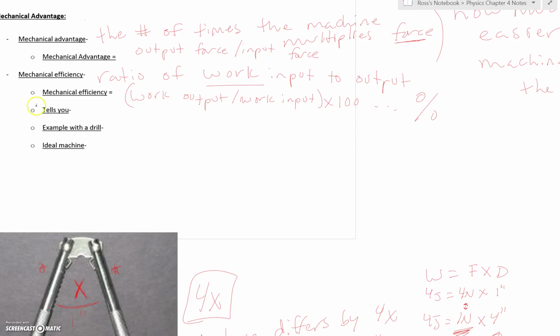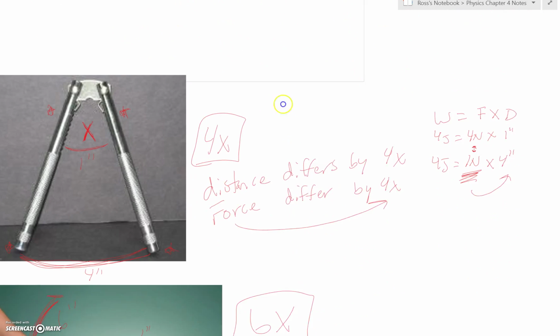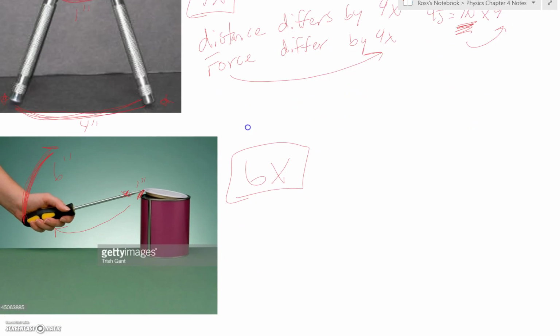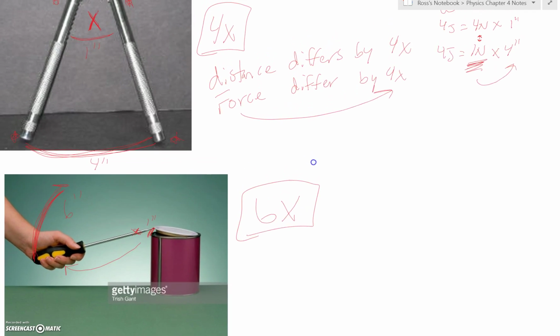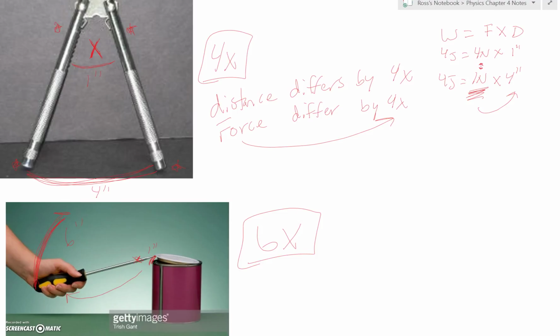So this really tells us the amount, and really the percentage, of work lost due to friction. So in any of these cases here, whether it's with the nutcracker or the screwdriver, a little bit of energy is going to be lost overcoming friction.